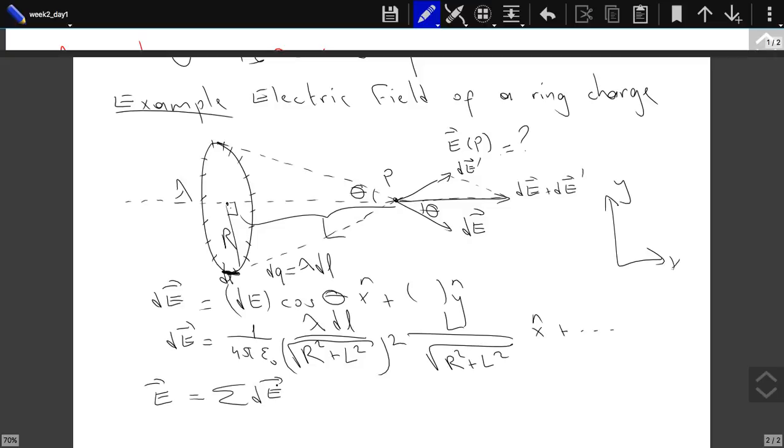And if I sum dl, I end up having the circumference of the ring, that is 2 pi r, in the x direction. Now when I take this sum, the vertical components just cancel. So I don't have this plus the other terms. They are 0.